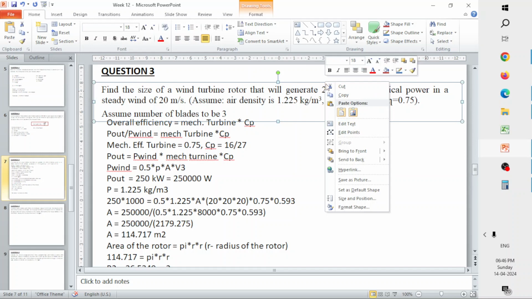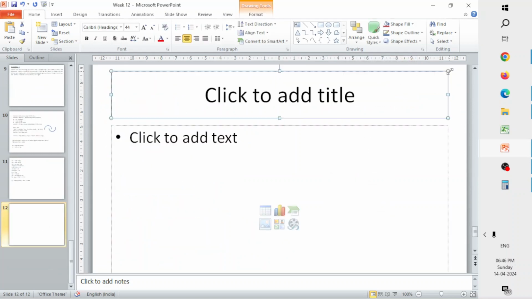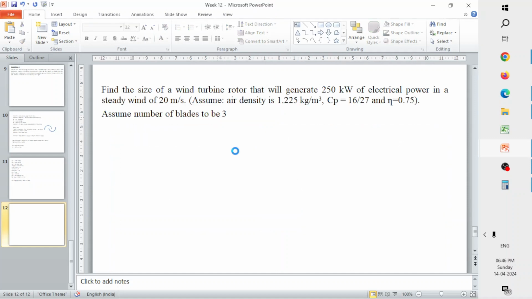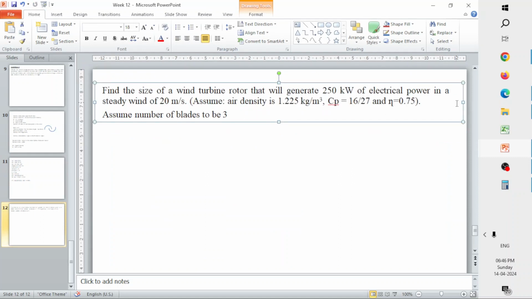Let me just put it as a separate question. They are just asking you to calculate the torque at maximum efficiency.